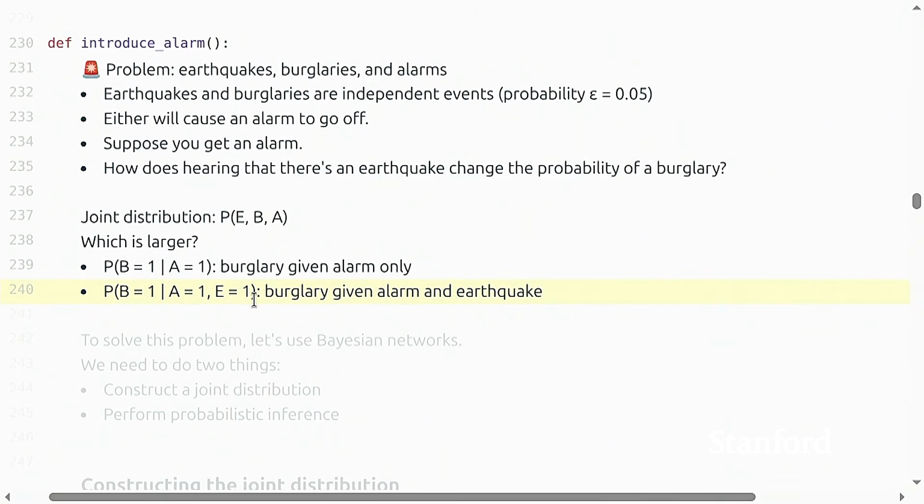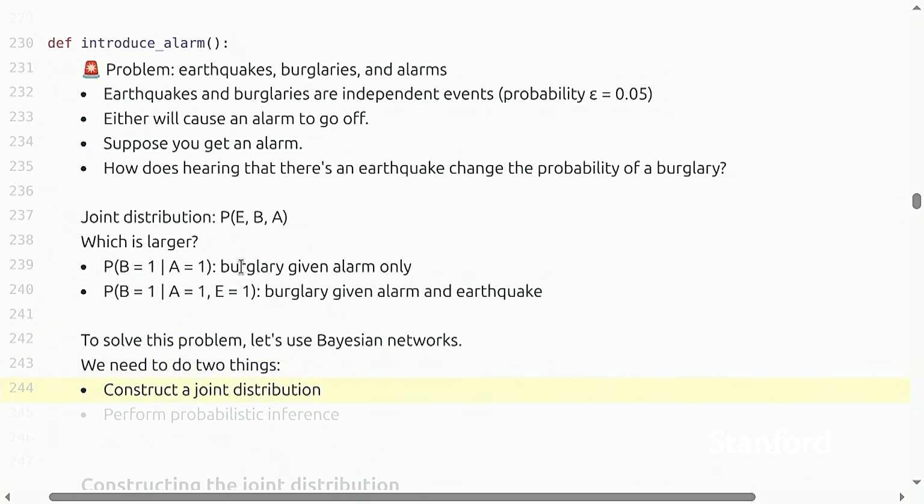Now I've formally specified what I'm interested in in terms of probabilistic inference. So we're going to solve this problem using Bayesian networks. We're going to do 2 things: construct a joint distribution, and then once we do that, we can do probabilistic inference.